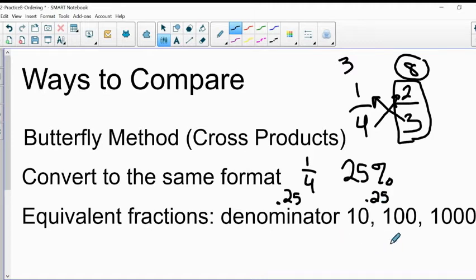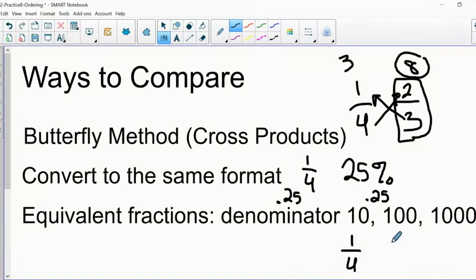The next thing we can do is make equivalent fractions with a denominator of 10, 100, or 1,000. So again, 1/4, and I want to compare that to 3/10. Well, 3/10 I know is 3 over 10 or 30 over 100.